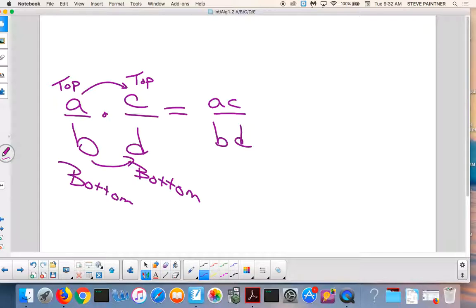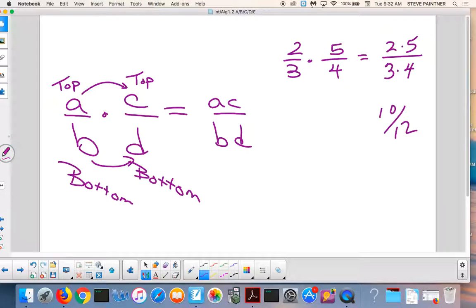Okay, so 2/3 times 5/4, help me. 2 times 5 over what? 2 times 4. Good? Reduce.